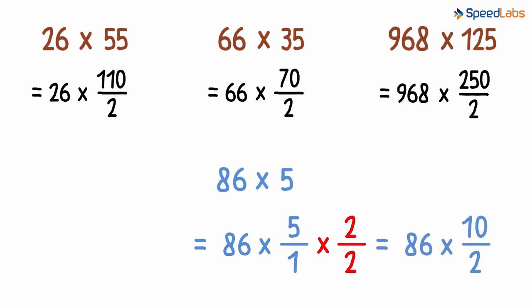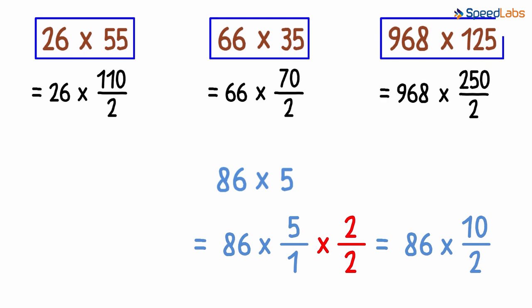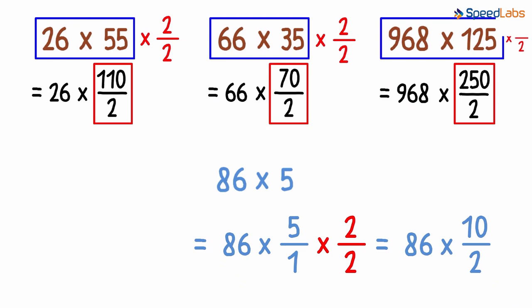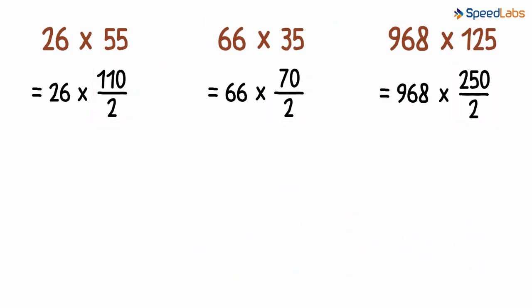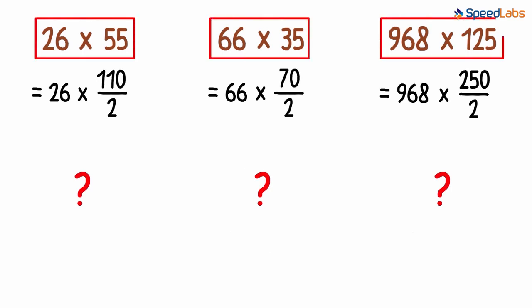This gives us 10 over 2. So in order to write it like this, we multiply both the numerator and the denominator by 2. In all these examples, we did the same thing. We multiplied both the numerator as well as the denominator by 2 to get these numbers. They are now easy to solve. I will leave it for you to find the answers to each of these problems.